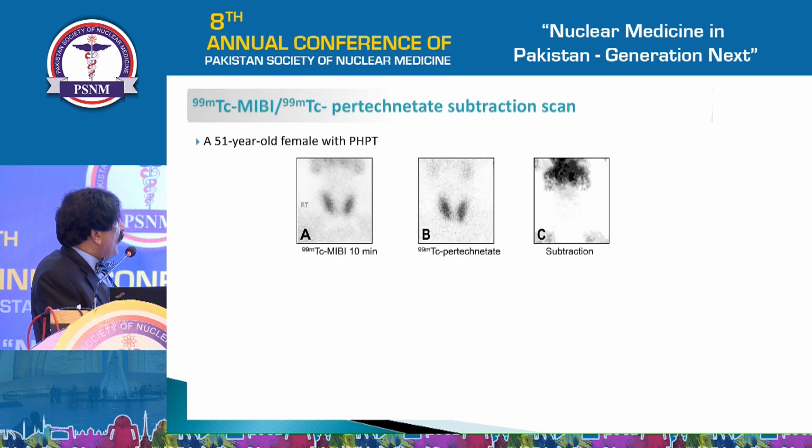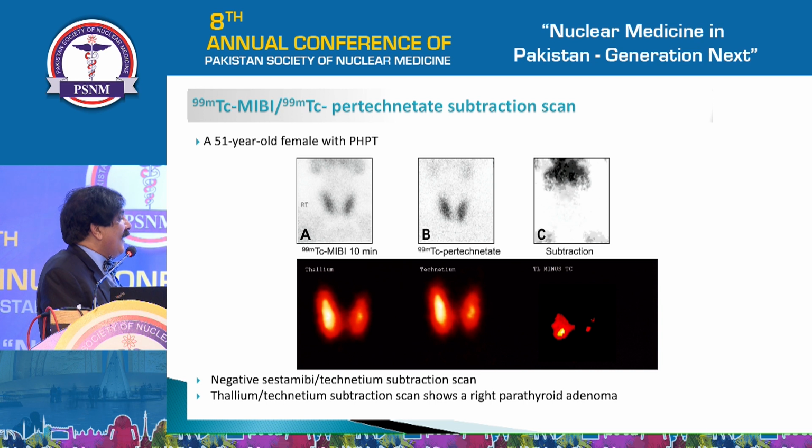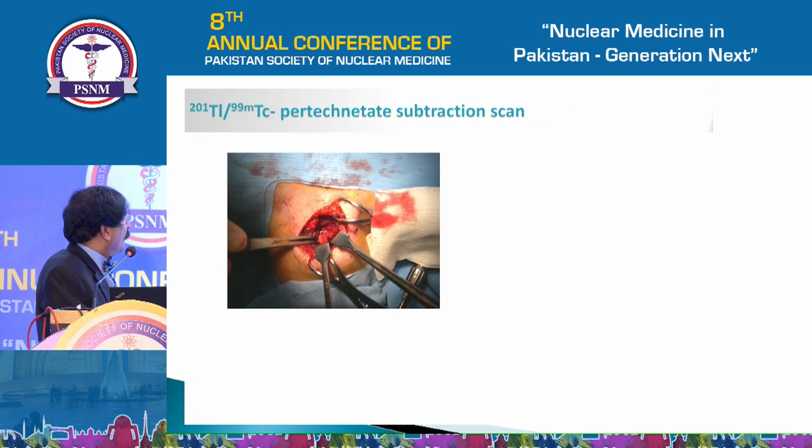You have these planar images, and they are negative, but when you do a thallium technetium subtraction scan, it shows a right parathyroid adenoma in this case, with a false negative technetium sestamibi scan.